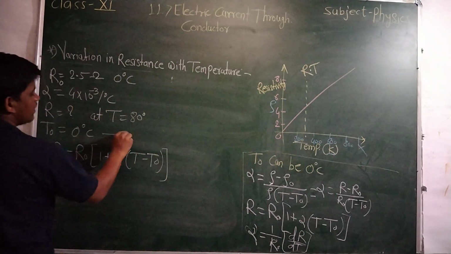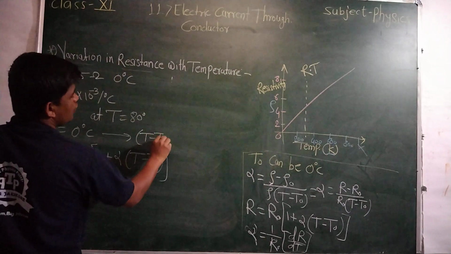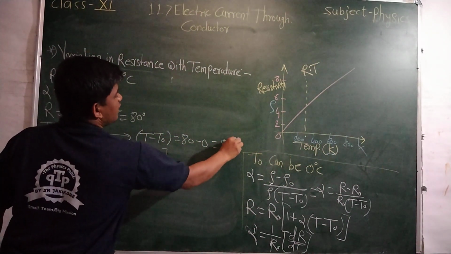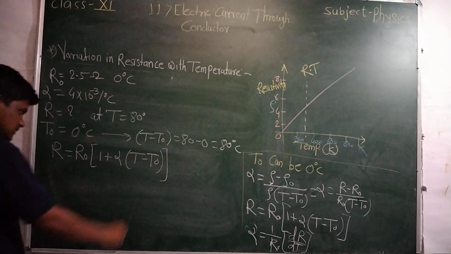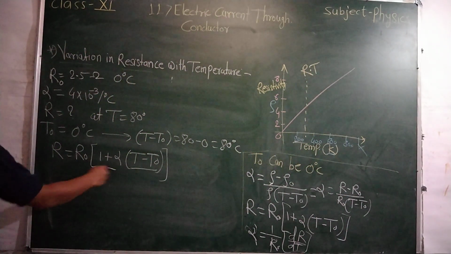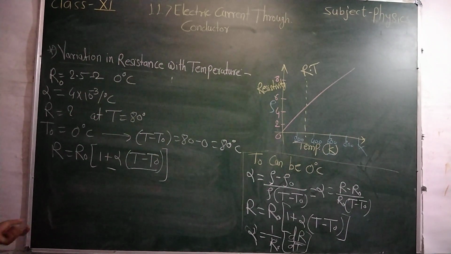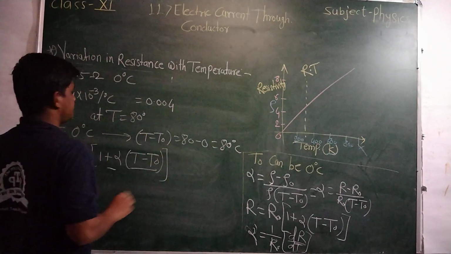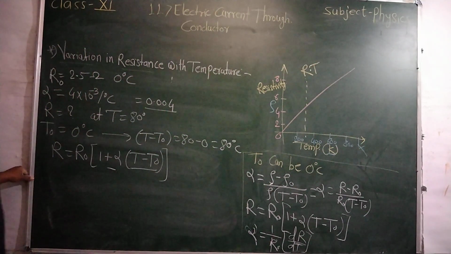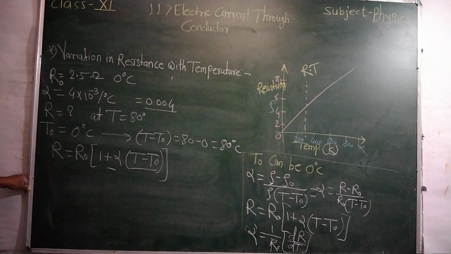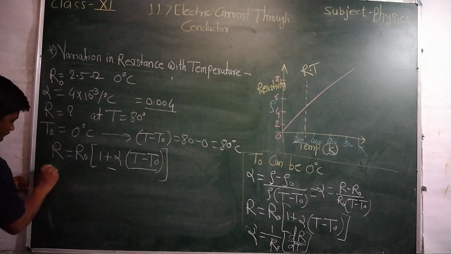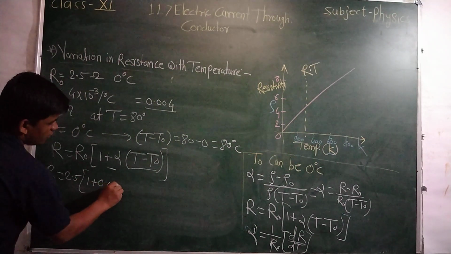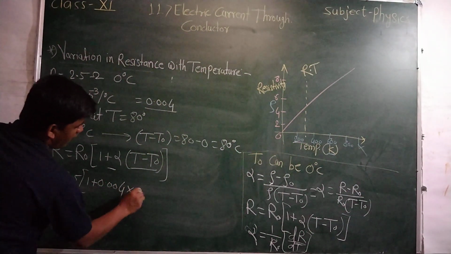Here T minus T0 is 80 minus 0, which is 80 degrees centigrade, and alpha is 4 into 10⁻³, that is 0.004. Then R is equal to 2.5 into 1 plus 0.004 into 80.